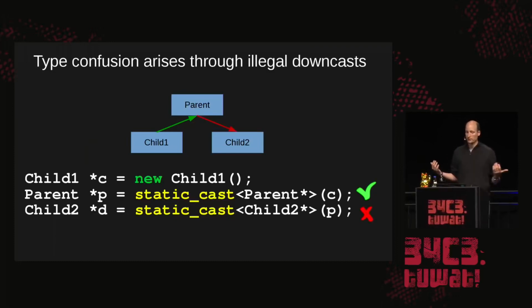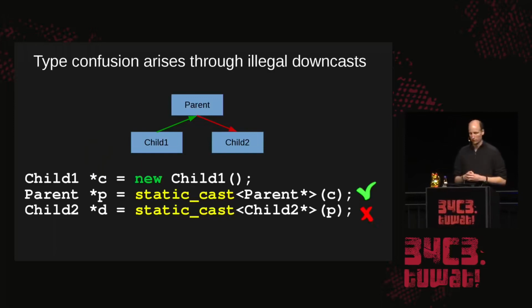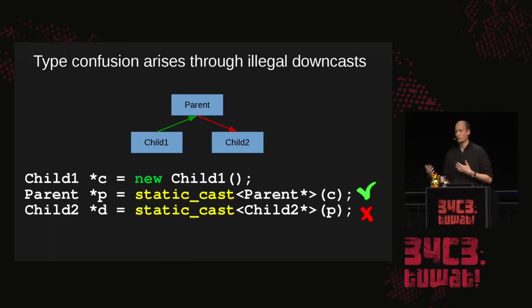But the static cast does not do any checks, right? So at runtime, this would lead to type confusion. And this is exactly where the exploitable behavior comes in. So the static cast, which is not being checked, could be abused to reinterpret the underlying memory as a different type.